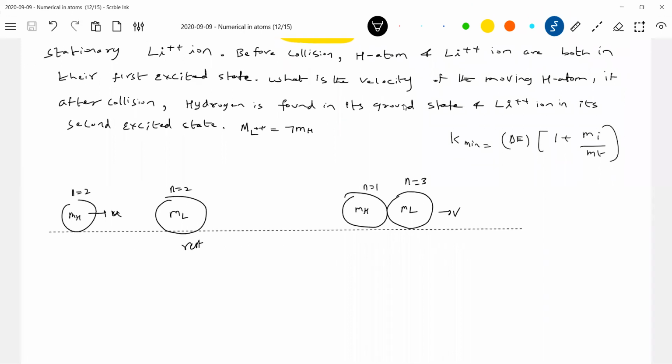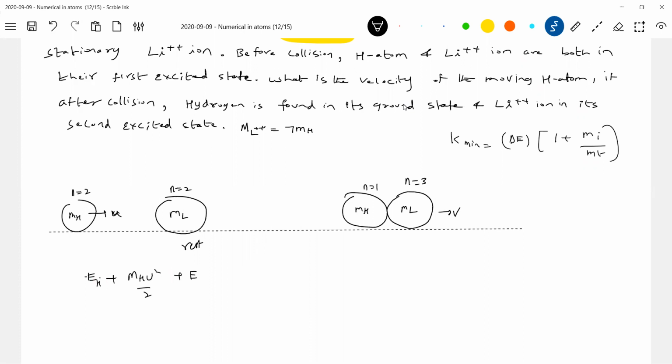So what is the energy here? Energy in the second excited state. For hydrogen, there's a hydrogen atom, E0 I'll call it, energy in the first excited state, plus kinetic energy of this one, m_h u squared by 2. Now what is the energy of this?